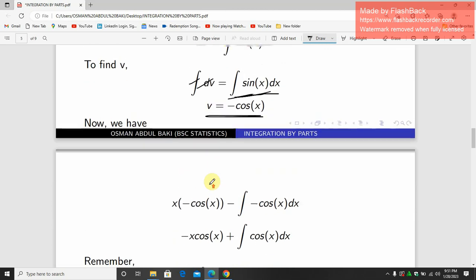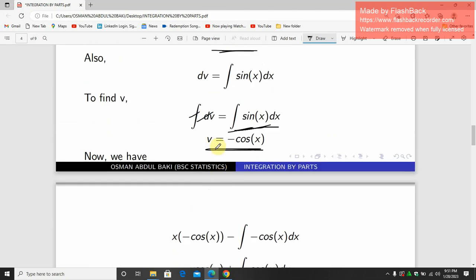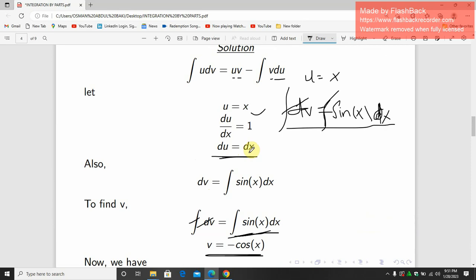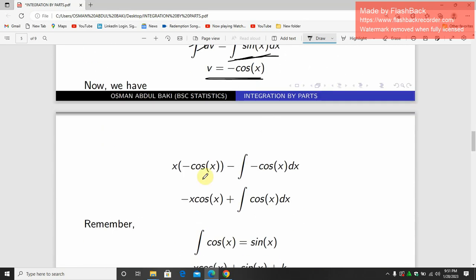And now we have our v, we have our du, which is equal to dx, and we have our u, which is equal to x. Now we want to put them back into the equation. This is u times v minus the integral of v du.